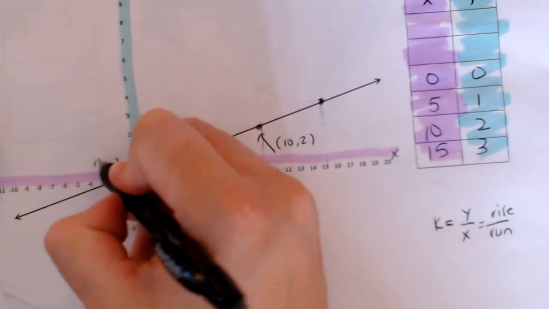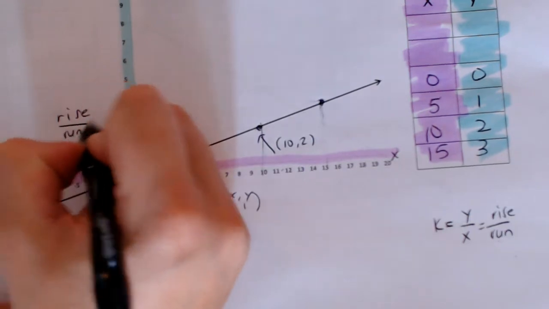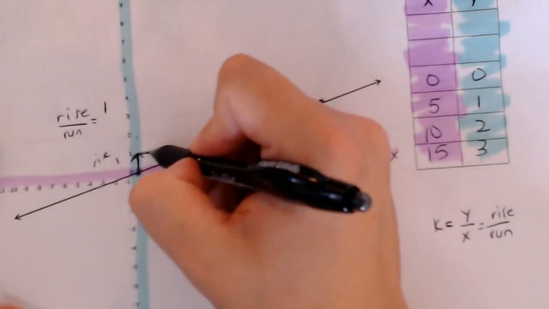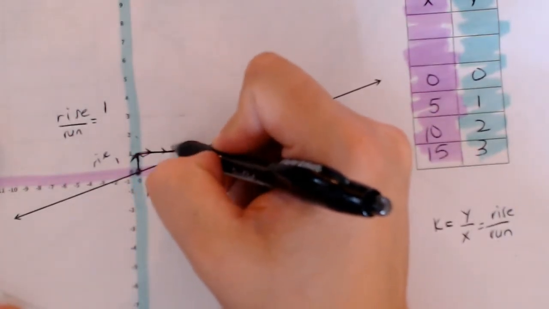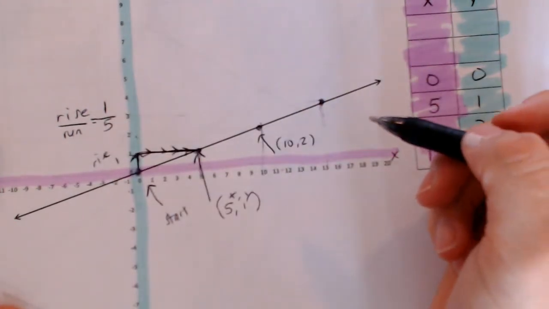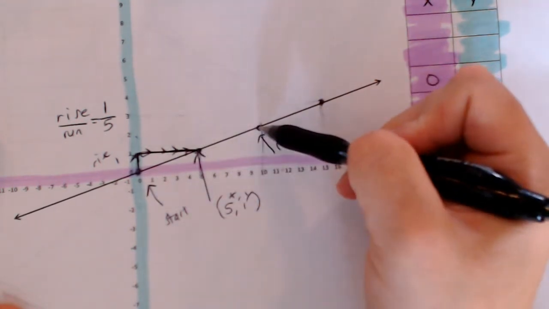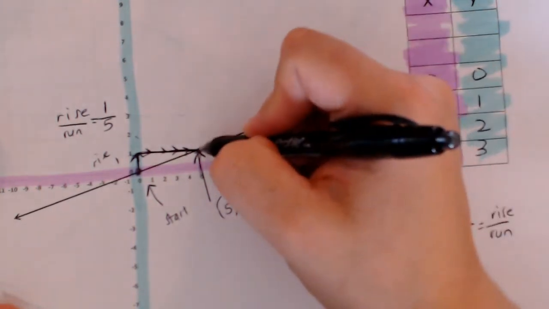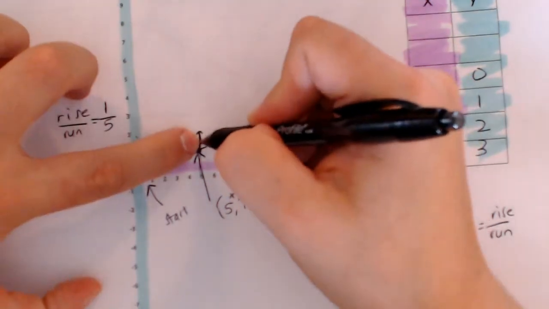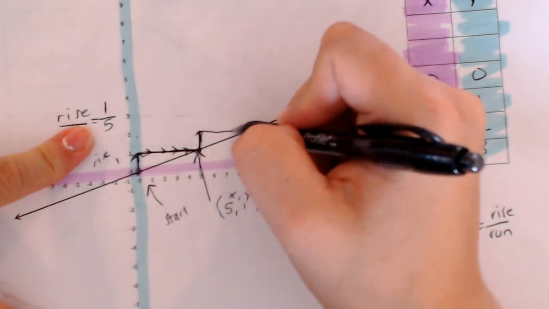That's the rise. Then the run: 1, 2, 3, 4, 5. I went up 1 unit and I ran 5 units. So to get from here to here, you rise another 1 unit. One little square right here is 1 unit. And you're going to run 5: 1, 2, 3, 4, 5.